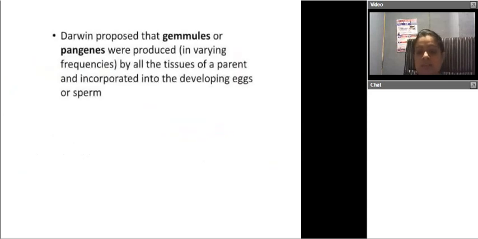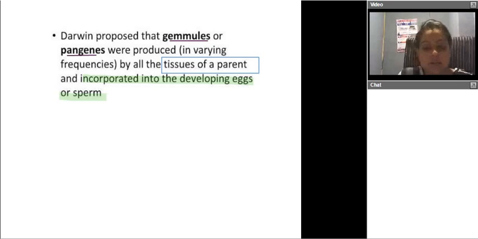Darwin, as we know, proposed the theory of pangenesis. He proposed that gemmules or pangenes are produced inside the tissues of the parent that are further incorporated into the eggs of the females and sperms of the males. So when they fuse, they are transmitted to the offspring.